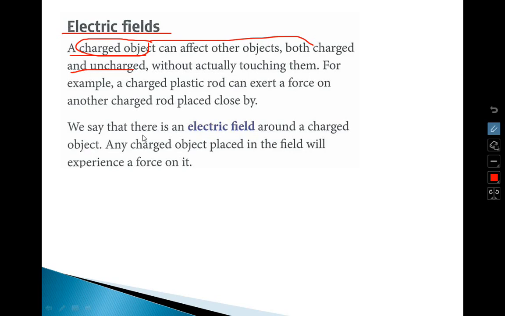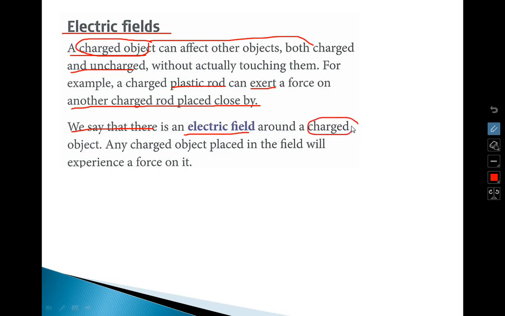For example, a charged plastic rod can exert a force, as we said in the last figure, on another charged rod placed close by. The effect comes from the plastic rod to the other rod or the cloth. So the conclusion is that there is an electric field around a charged object.